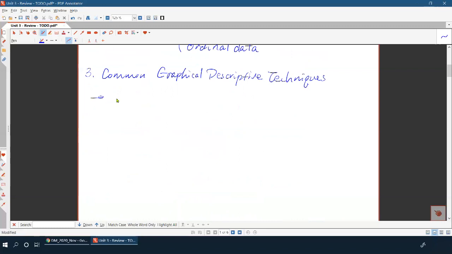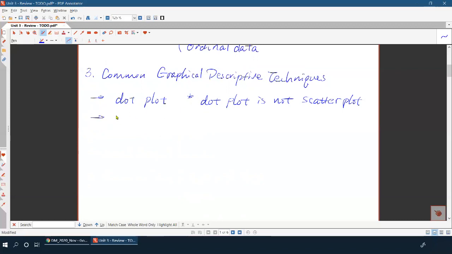First, we learned the dot plot. Okay, remember that dot plot is not scatter plot. These are two different types of data. Okay, this is very important.